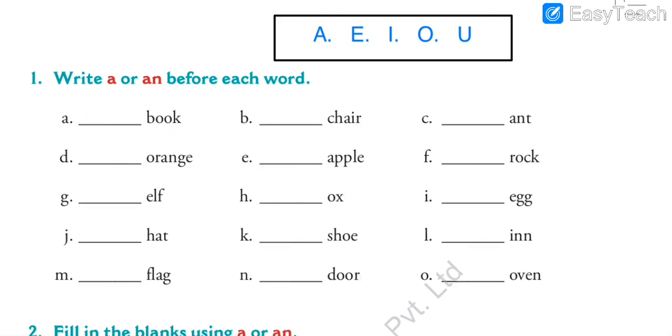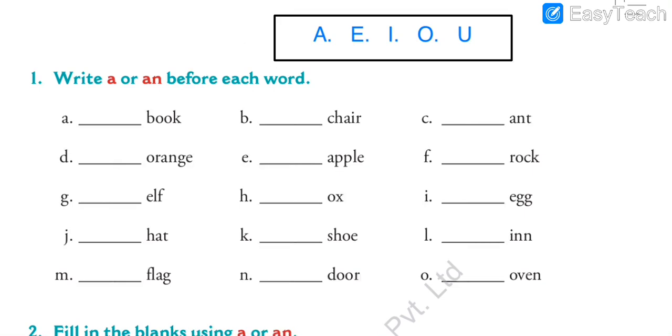Dash book. Here the word book, the spelling is B-O-O-K. So the word book starts with the alphabet B. So let us check if B is there in this vowel list or not. So A, E, I, O, U. So B is not included here. So B is not a vowel.